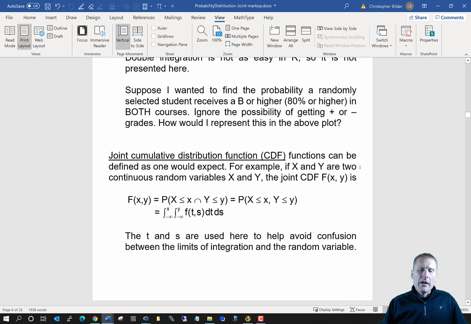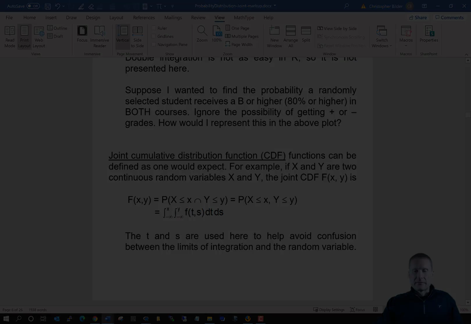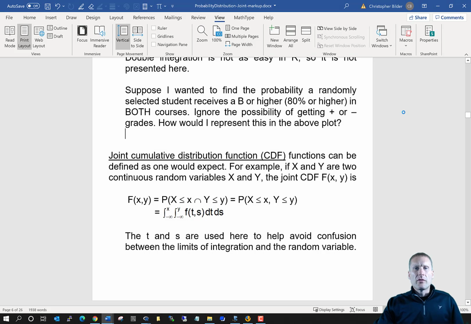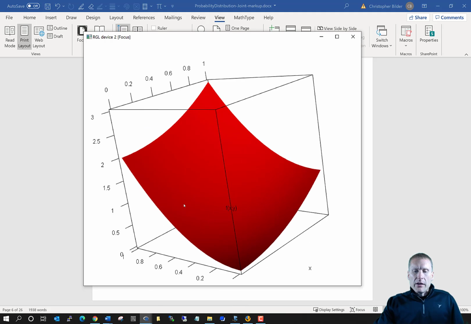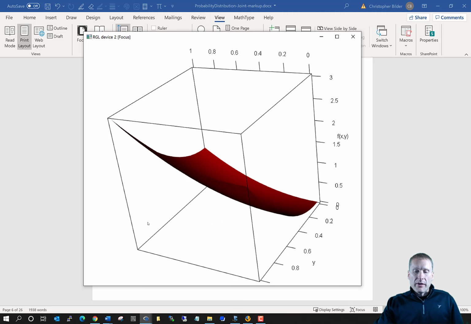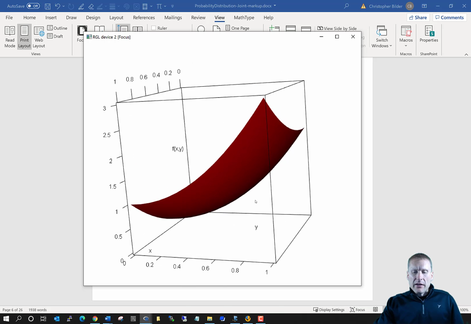Okay, so let's say that I wanted to find the probability that a randomly selected student receives an 80% or higher in both courses. How would I represent this in a plot? Let's go back to my plot that I did in R. What I'm looking for is the probability of being greater than 0.8 for both x and y. How is that represented in our plot?